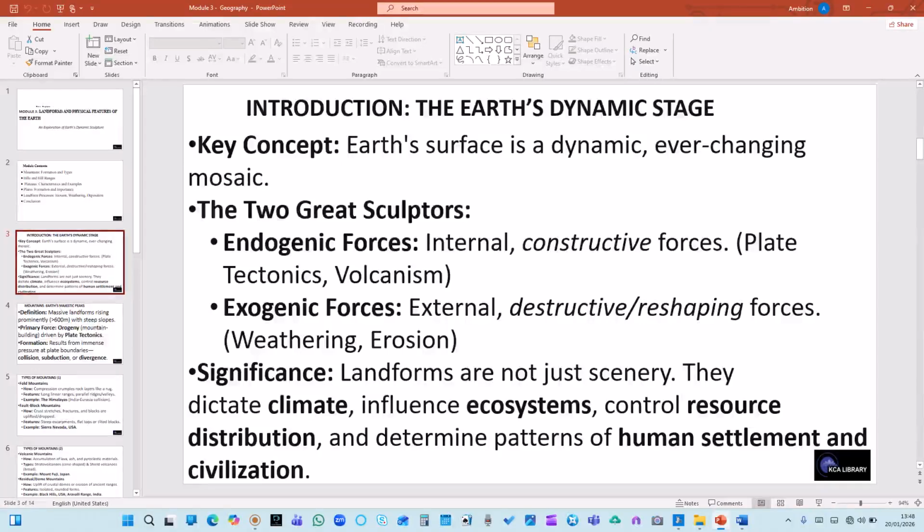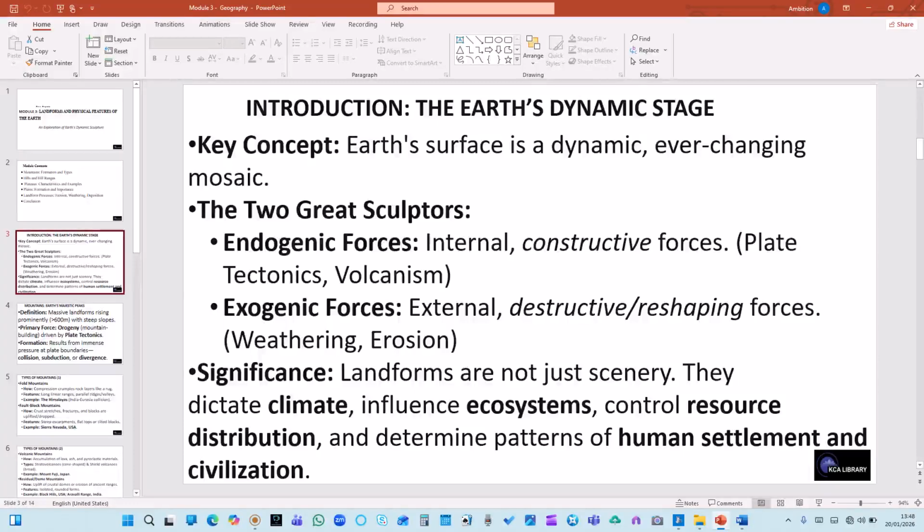Let us begin with the introduction. That is the introduction to the Earth's dynamic stage. The key concept: Earth's surface is a dynamic, ever-changing mosaic. The two great sculptors that influence mountains are two major forces. Number one, endogenic forces, which are internal forces, which are always constructive forces.